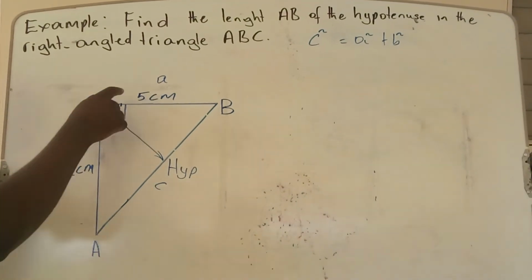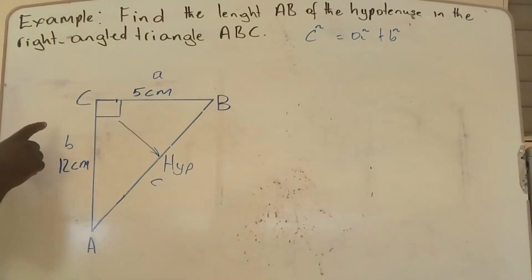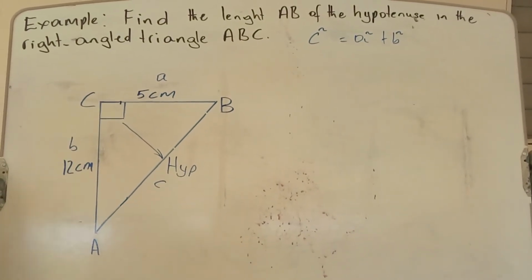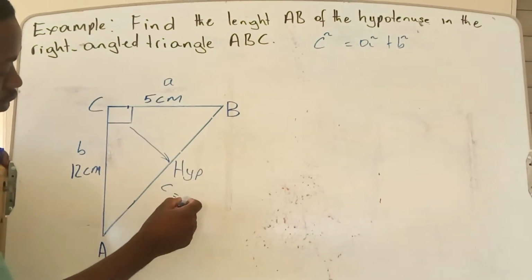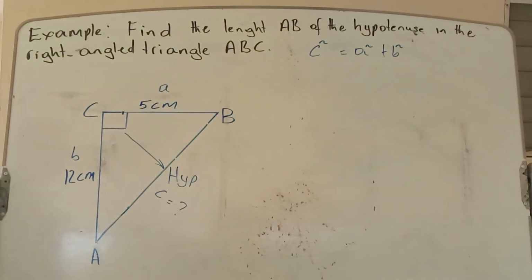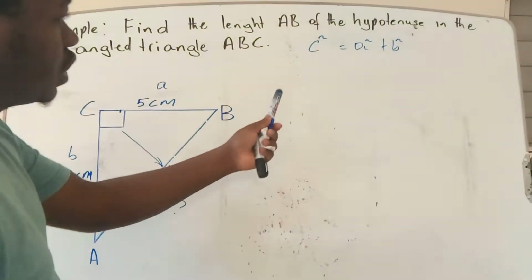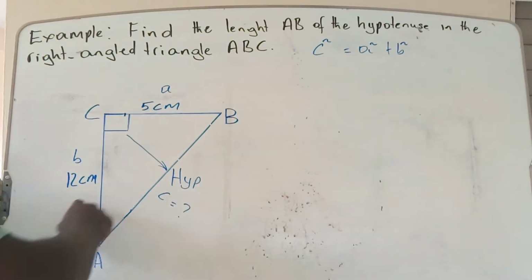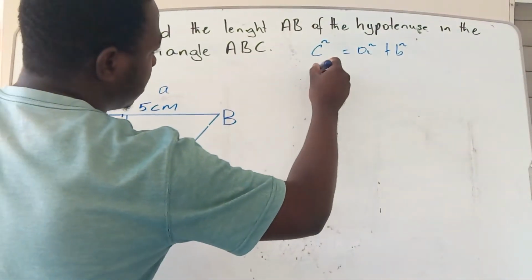We can see from the diagram that A is equal to 5 centimeter, and B is equal to 12 centimeter, and we can clearly see that C is what we want to find. That's a question mark there. So we have written our formula already. All you need to do is to substitute the values that you have been given from the triangle in the formula.